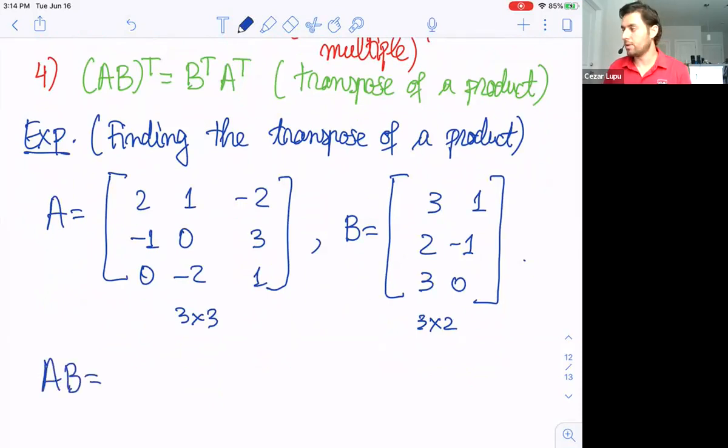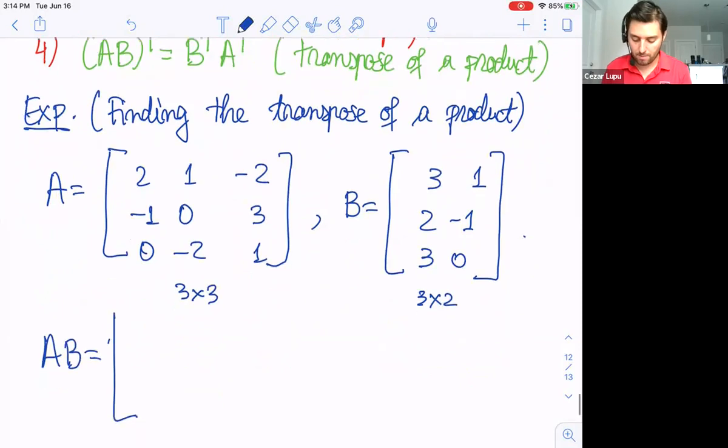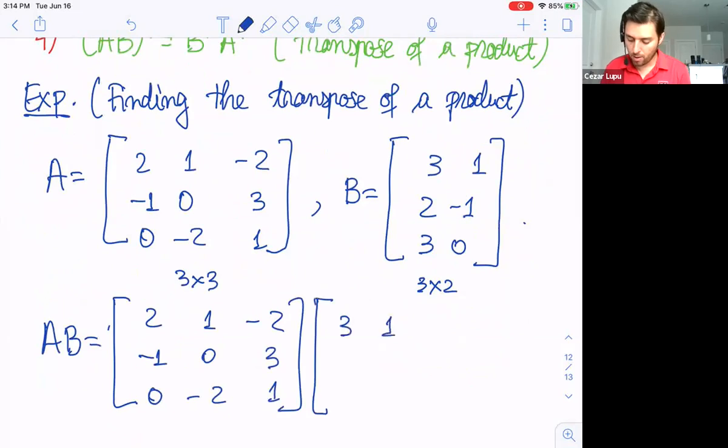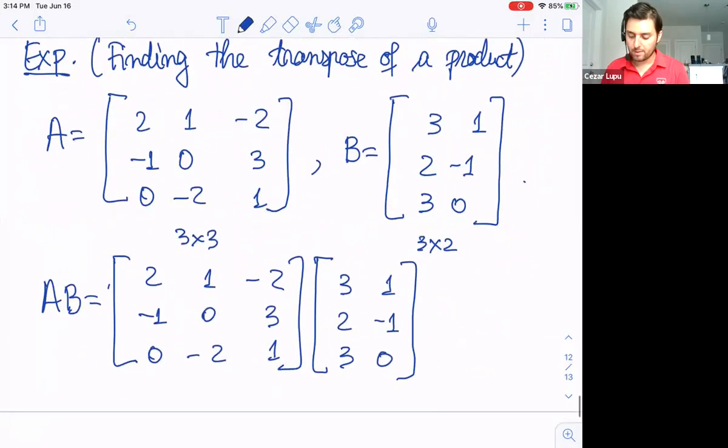When we multiply these two matrices, let's write them here. 2, 1, -2, -1, 0, 3, 0, -2, 1, multiplied by 3, 1, 2, -1, 3, 0. So the result will give us a 3 by 2. This will be 2, 1, 6, -1, and we'll have -1, 2.